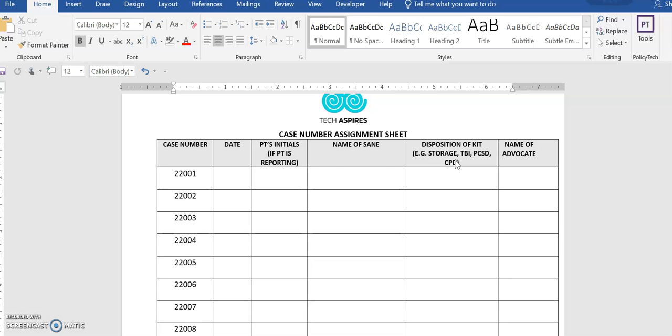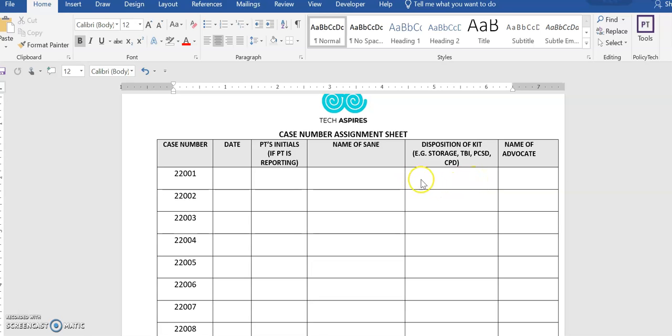So this disposition of kit into storage would be very unusual at first. Let's say a person doesn't report, but we are going to send all of our kits to TBI. So they get sent to TBI, then they're going to come back to us. So it may be that we have TBI written first and then storage afterwards.